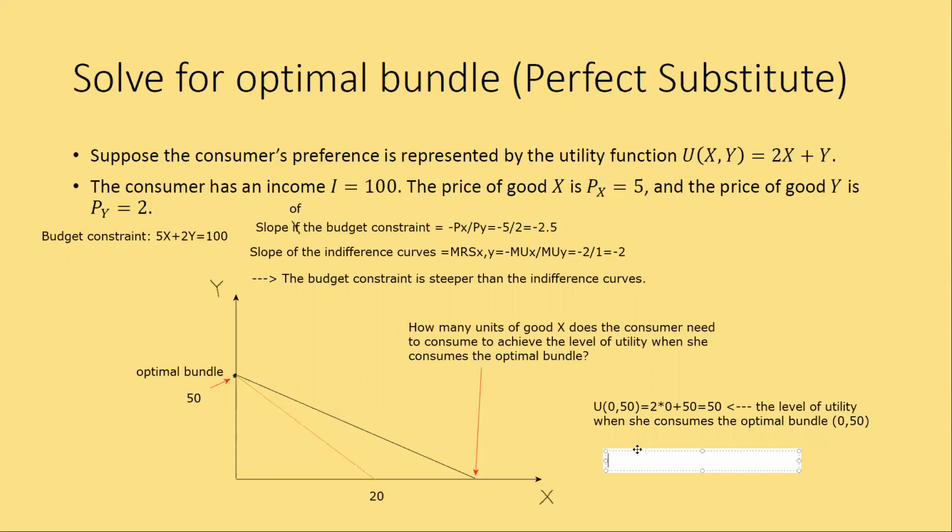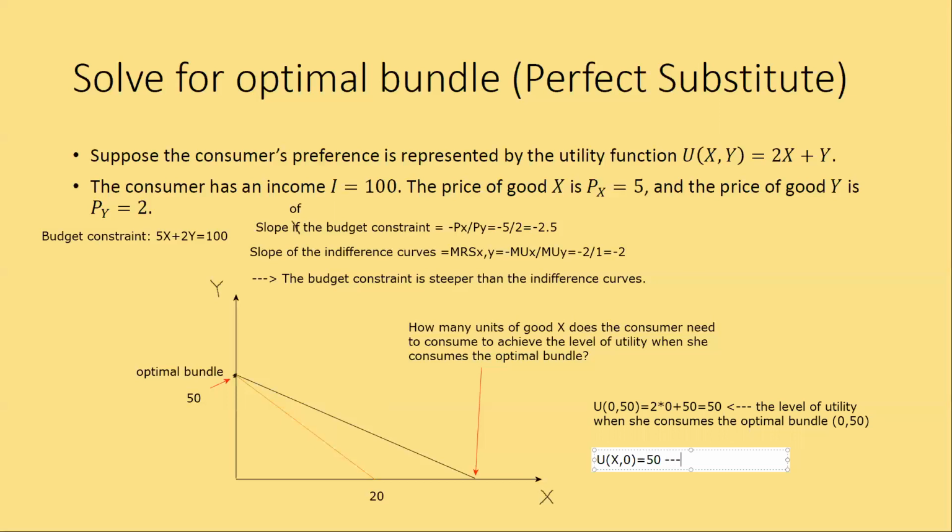All right, now to answer this question, it is asking how many units of good X does she need to consume to achieve 50 units of utility. And she is consuming 0 units of good Y. So this is basically asking for what value of X will U(X, 0) equal 50.